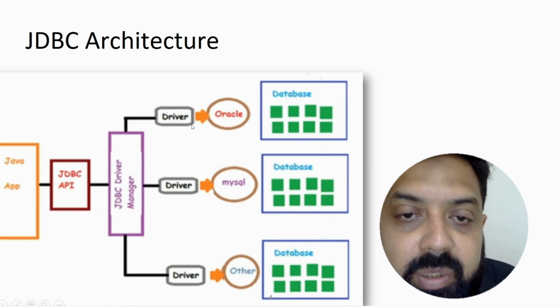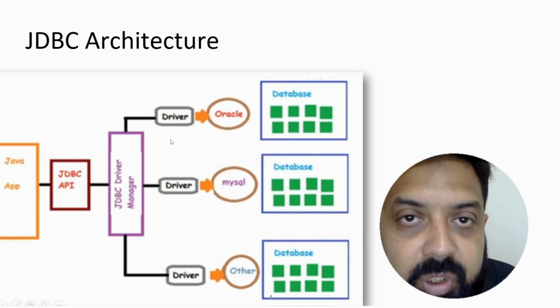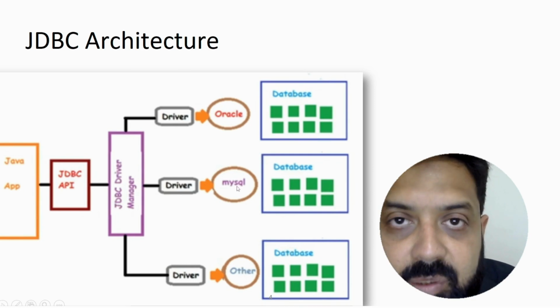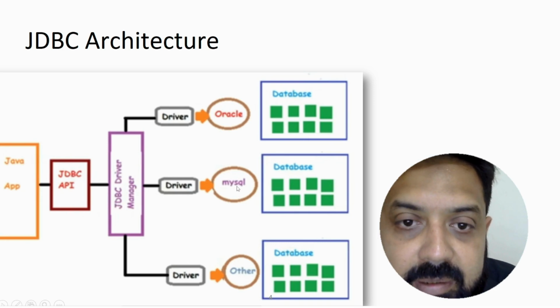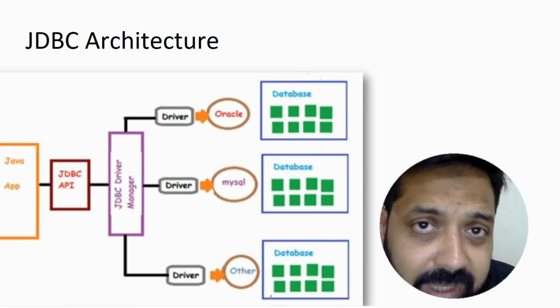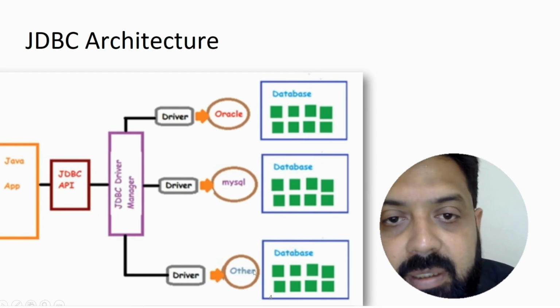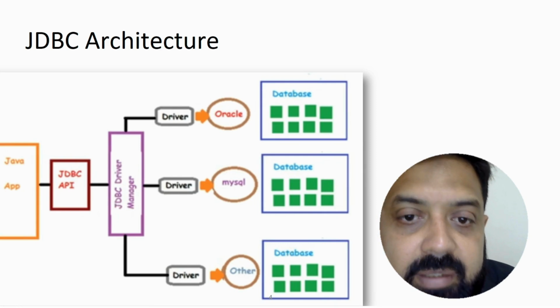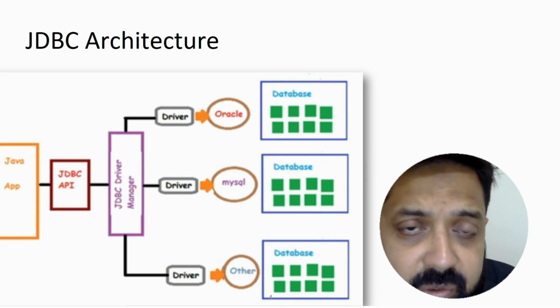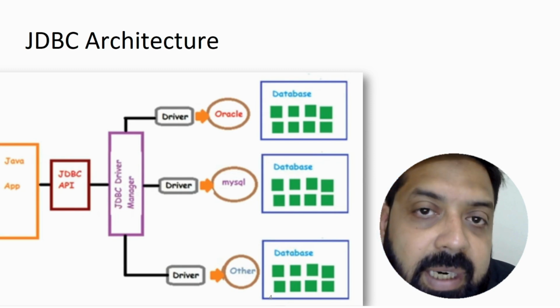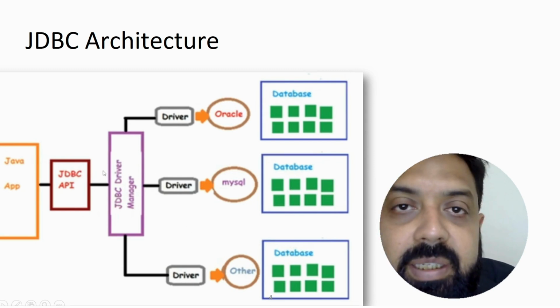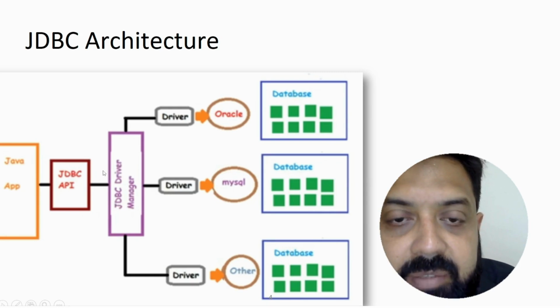With Oracle, you can connect your Java programs. With MySQL, you can connect your Java programs, and with your other databases like SQLite or Microsoft SQL Server. With the help of JDBC drivers, you can integrate your Java program, your front end, with any database.